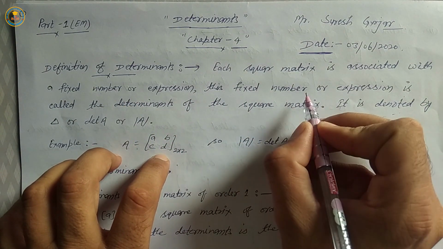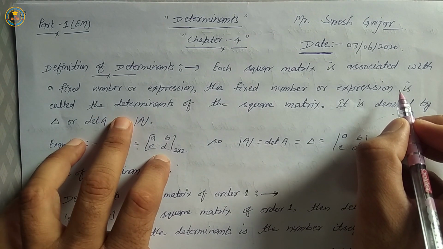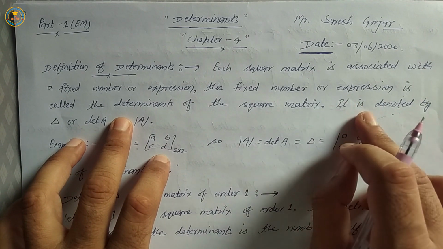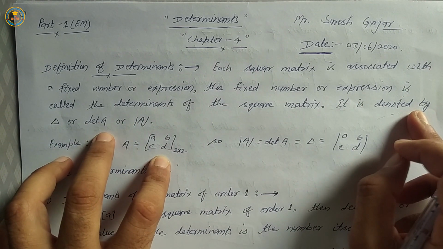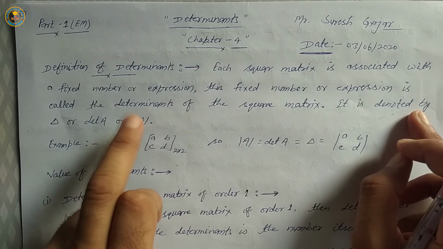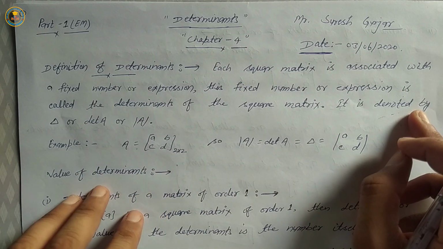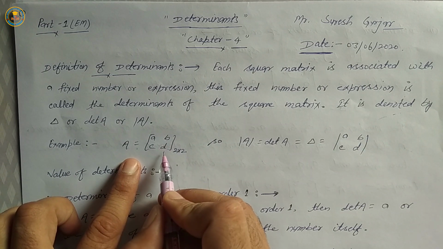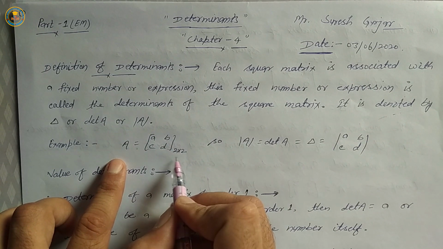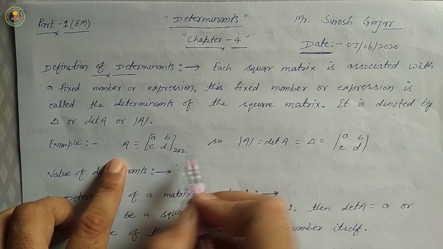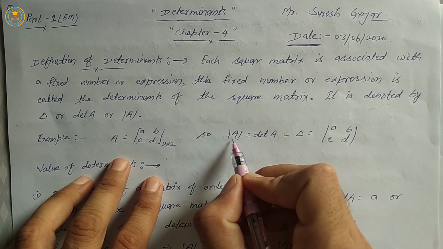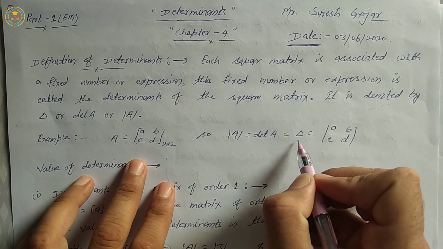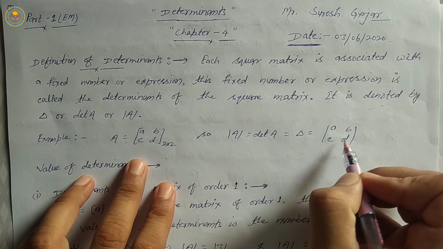This fixed number or expression is called the determinant of the square matrix, and it is denoted by delta, det of A, or determinant of A. For example, A is the matrix with rows a, b and c, d. The order of matrix A is 2 by 2. So the determinant of A, det of A, delta, is equal to the determinant with rows a, b and c, d.